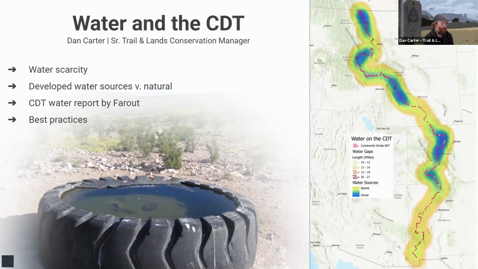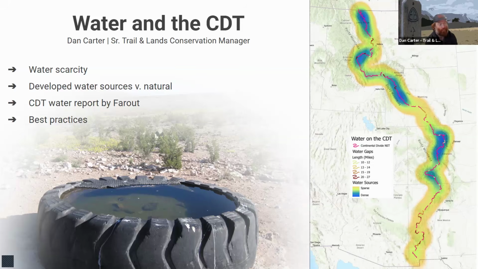You can see on the slide here, we've done a water gap analysis, and as one would imagine, if you're familiar with the CDT at this point, New Mexico and southern Wyoming are well known for being a little on the dry side. And so with that, you have to plan accordingly. So, our water gaps are anywhere between 10 miles from sources.